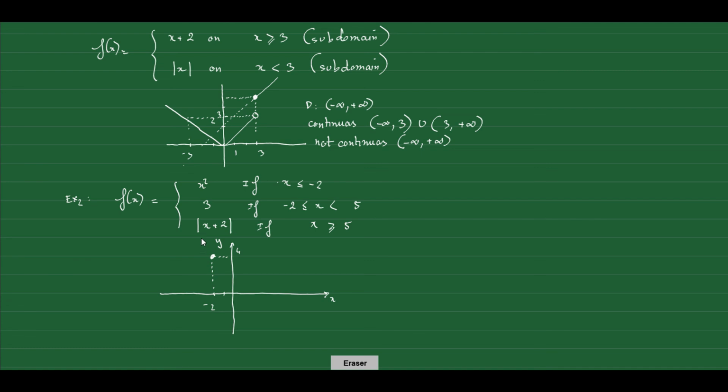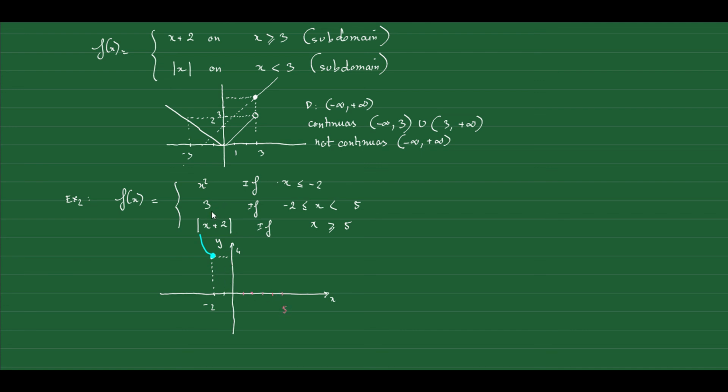Let me use a different color. So we have a parabolic curve. Then between -2 and 5, you have 3. 1, 2, 3. So 3 here. 1, 2, 3, 4, 5.